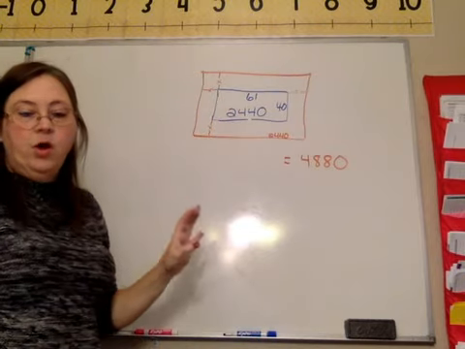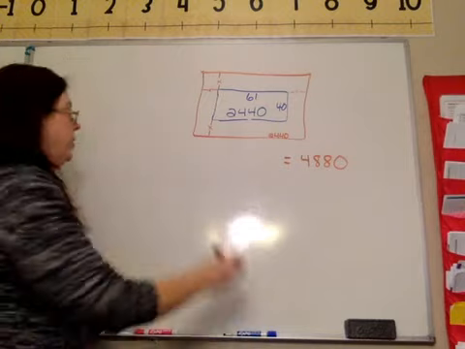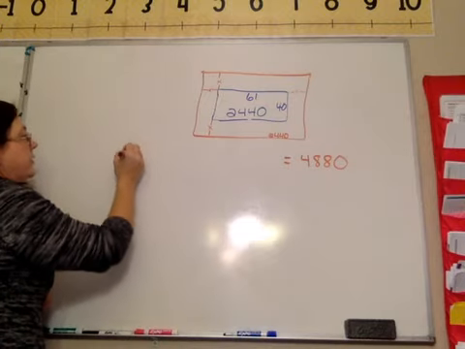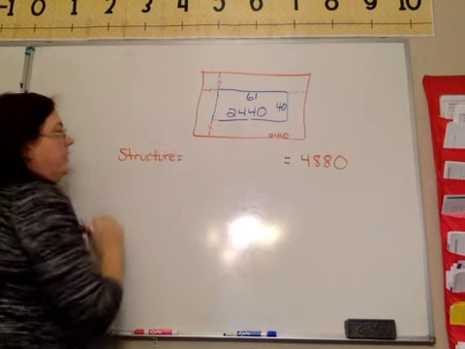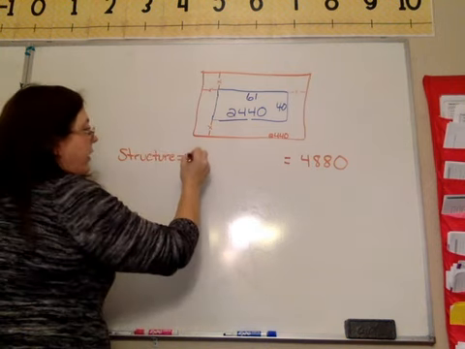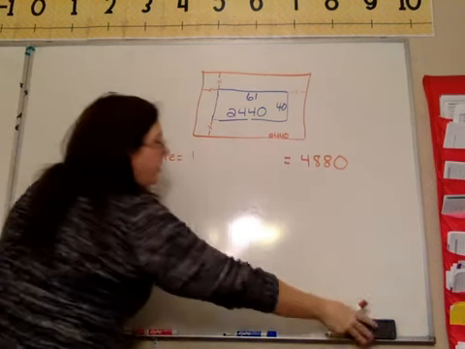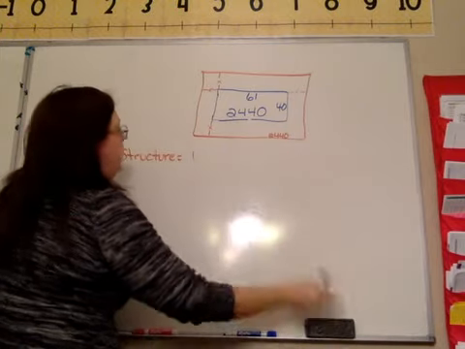Okay? So the whole structure, the entire structure, is equal to the area of the pool. Let's do it in words, and then I'll put in my numbers.